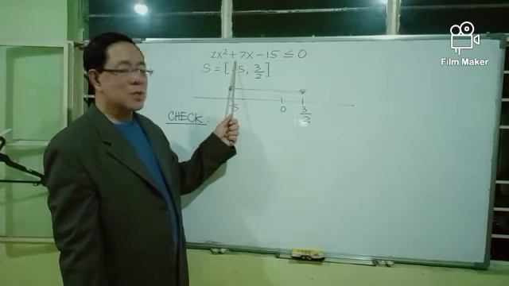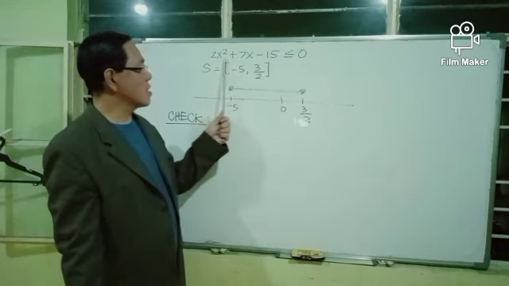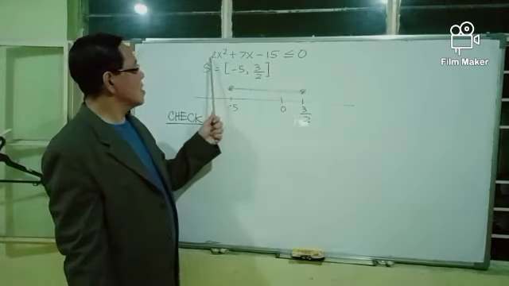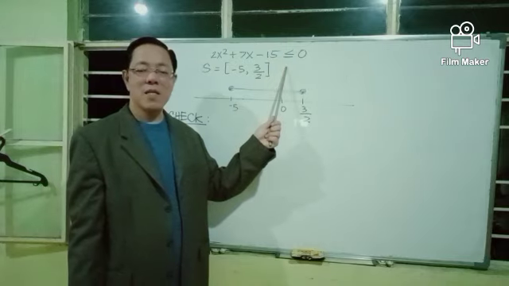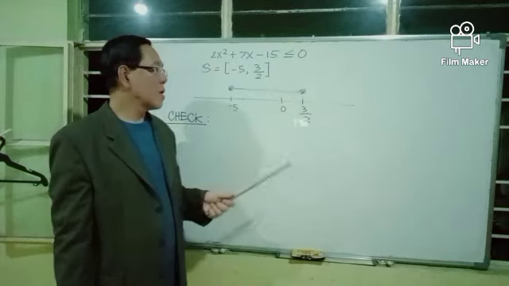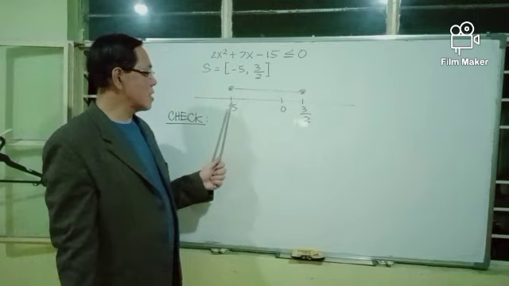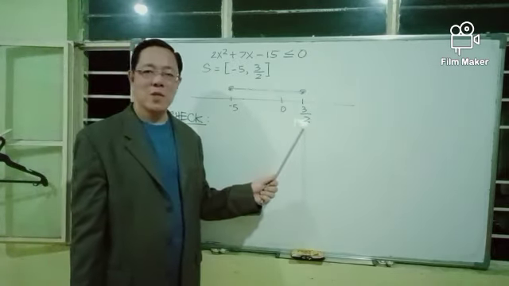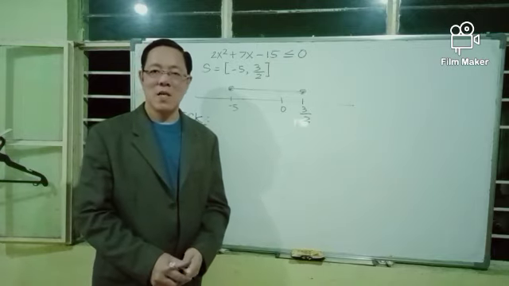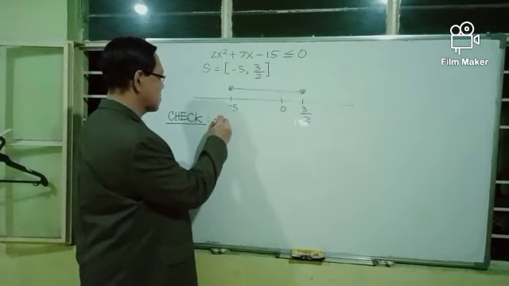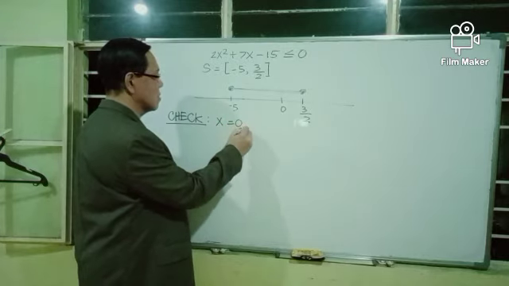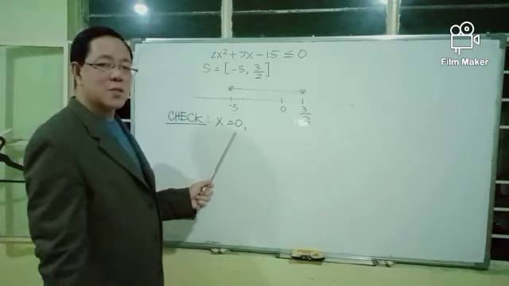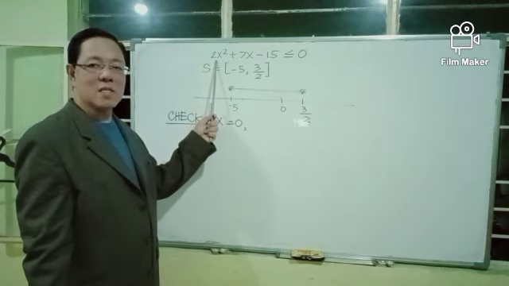And then you substitute the real number in this quadratic expression, and you check if, when you simplify, you will get a number that is less than or equal to 0. I will take 0. 0 is in this closed interval, or 0 is between -5 and 3/2. I will take x equals 0. If x equals 0, we substitute x equals 0 in this quadratic expression.